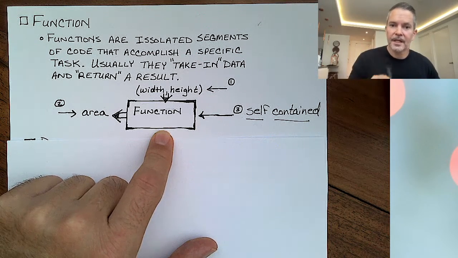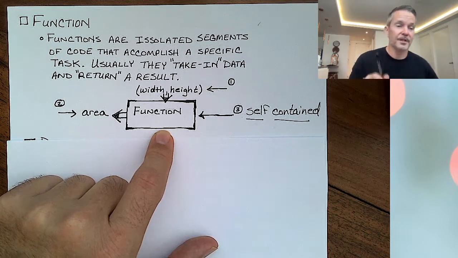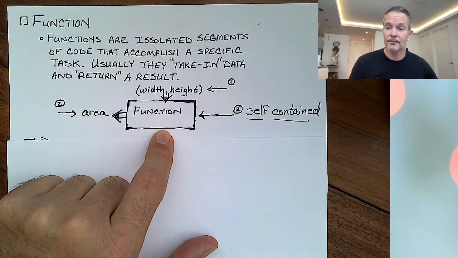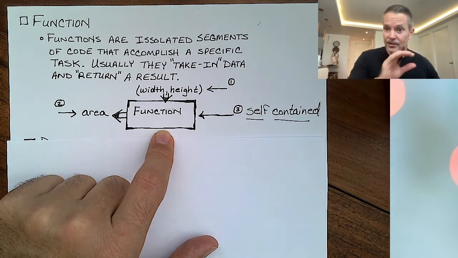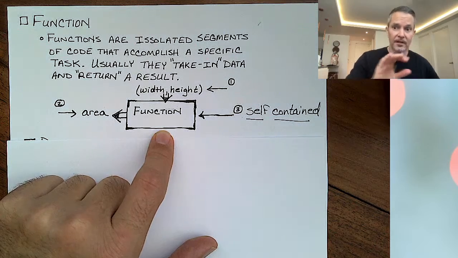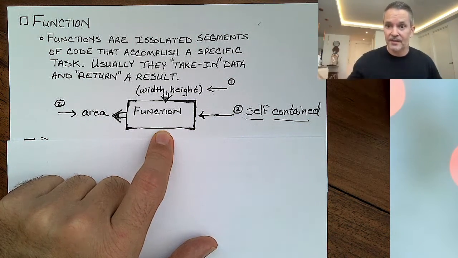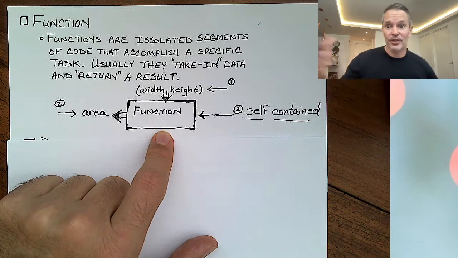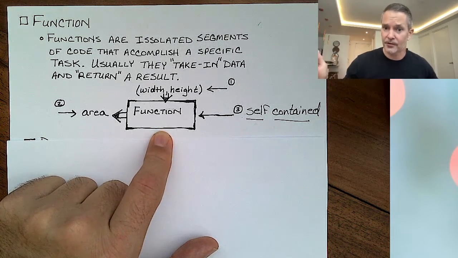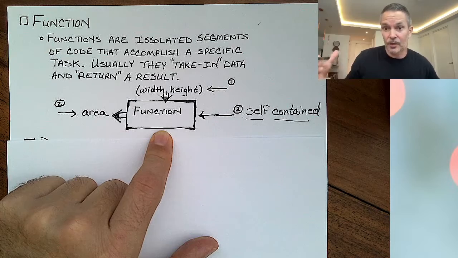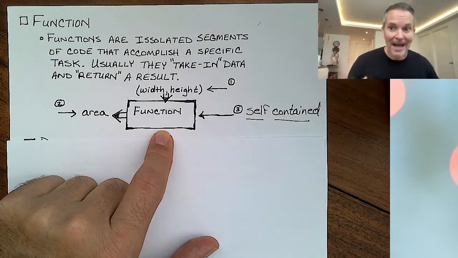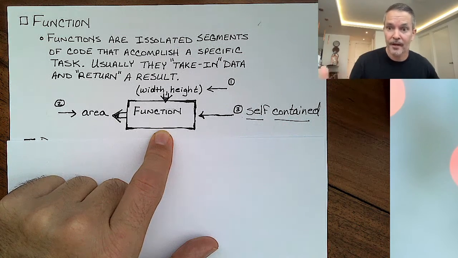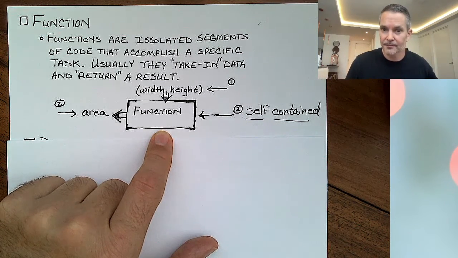For instance, in a lot of our programs, we've been calling the printf function to print something to the screen. It wasn't really important that we know how the printf function accomplishes that. We just called the printf function, we gave it our string, and potentially we gave it some variables to print out, and we trusted that it would print it out to the screen. But the function's self-contained. We don't know what's inside of it, and it doesn't have any impact on our program other than it prints something out to the screen.